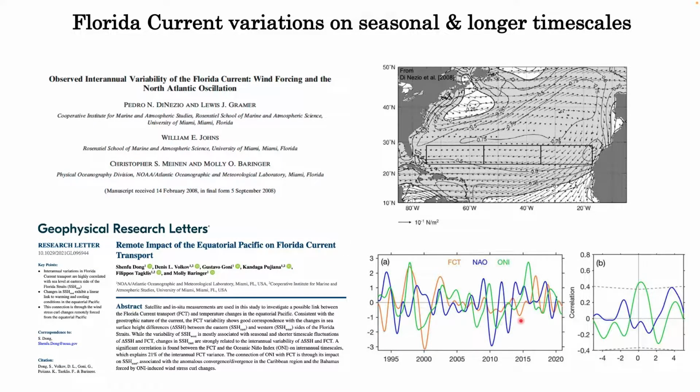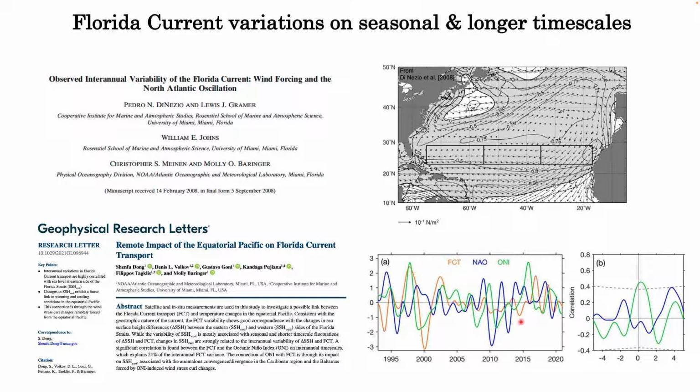As for the seasonal and longer timescale variations of the current, the interannual variation of the FC transport is mostly due to baroclinic adjustment to the subtropical winds, in the form of Rossby waves.